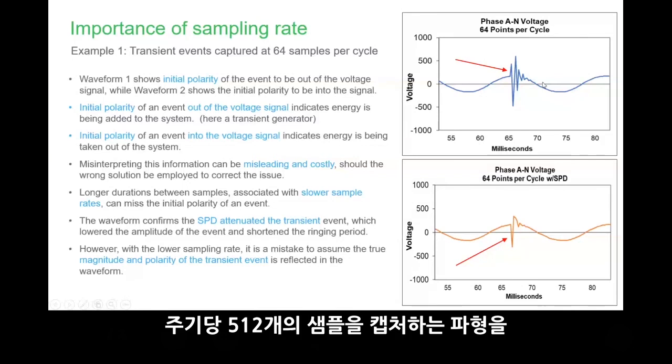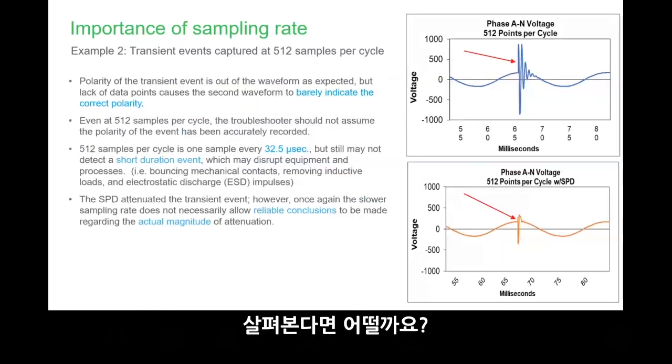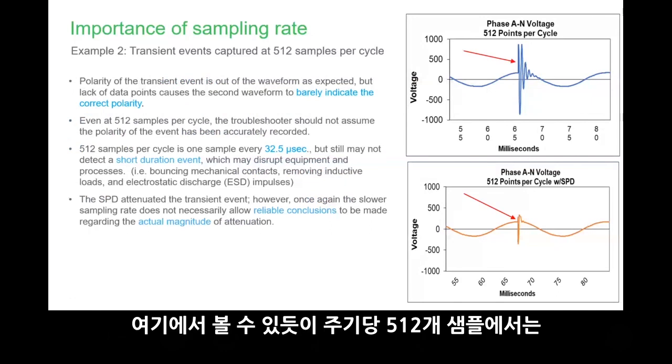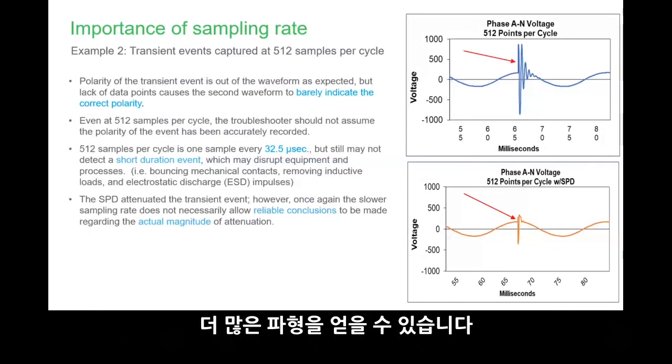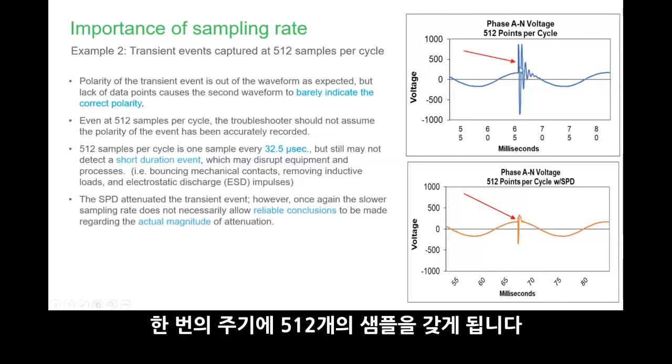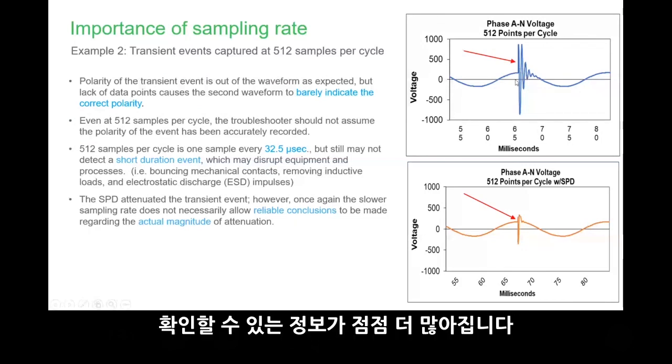Now how about if we take a look at the waveforms captured using 512 samples per cycle. As you can see over here, you get more waveform detail. You have 512 samples in one cycle, so the information that you see is getting more and more.